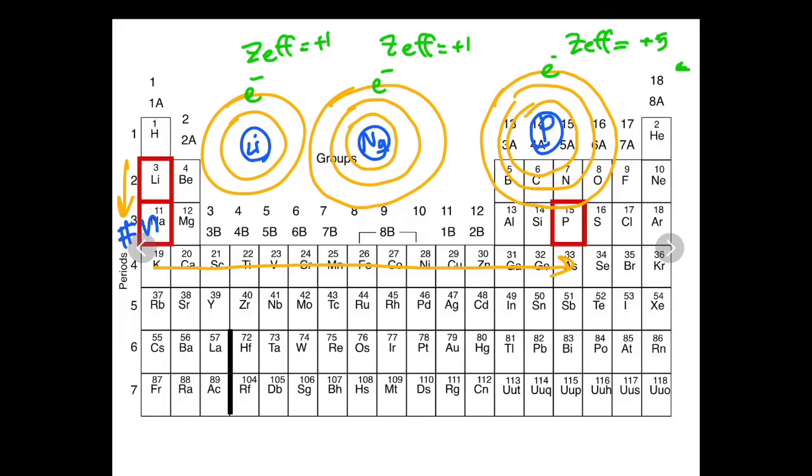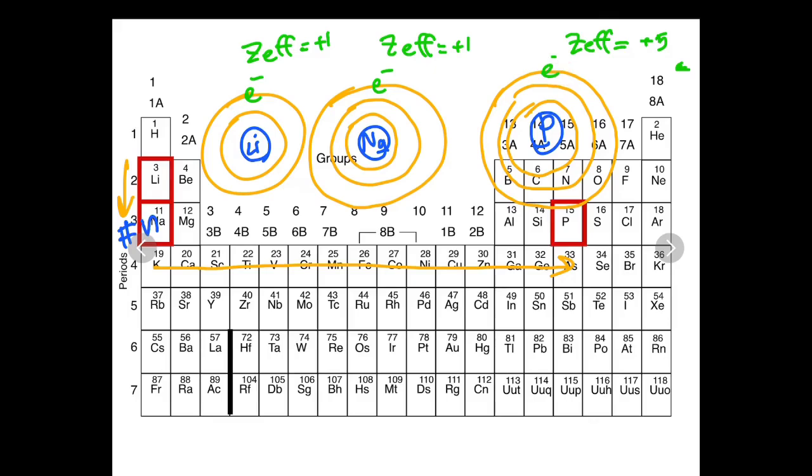This one contains 3. But if you're looking at phosphorus and sodium, this one contains 3 energy levels and this one also contains 3 energy levels, so you cannot easily tell by the number of electron shells. Therefore, the next thing you look at is how the outer electron experiences the nucleus.